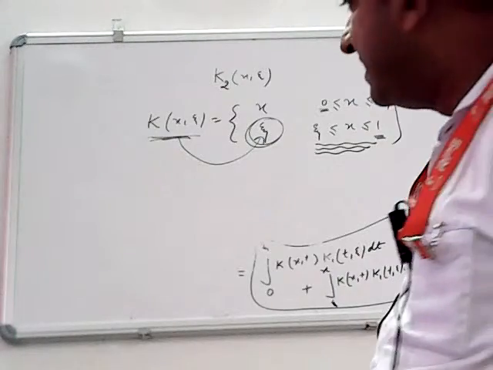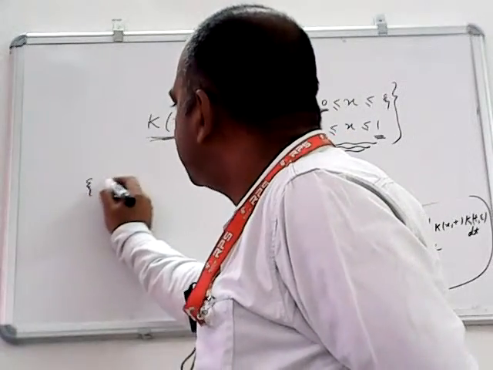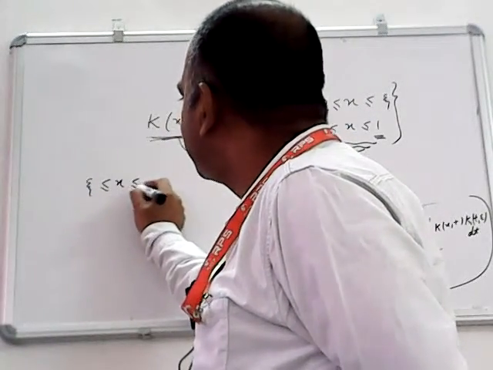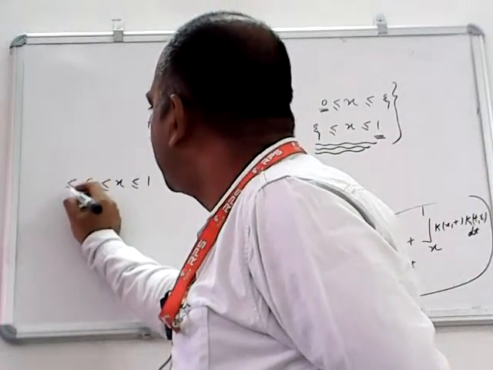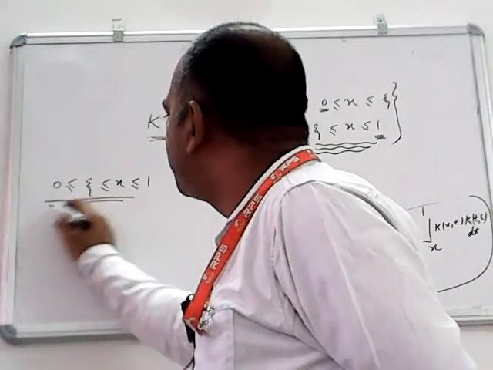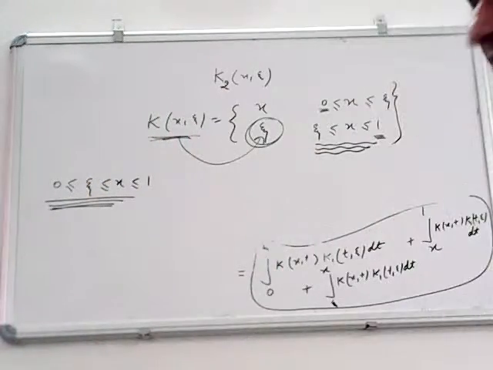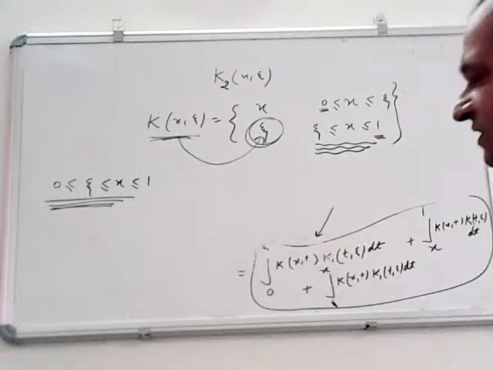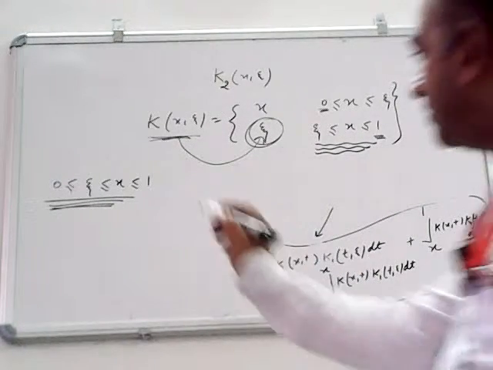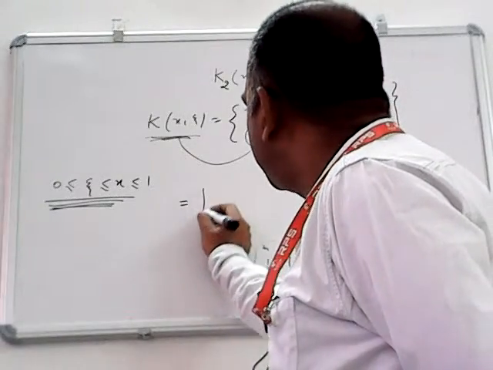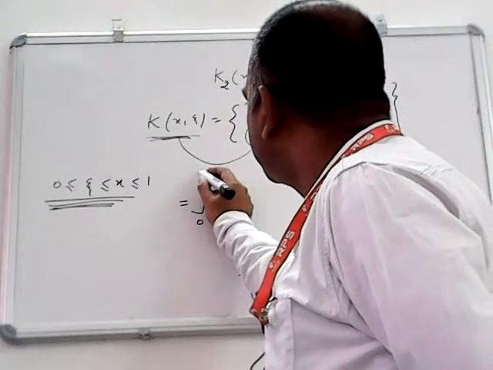We were discussing the case xi less than or equal to x less than or equal to 1 and greater than or equal to 0. You have to remember this particular scenario. As far as this first integration is concerned, we will have integration from 0 to xi.